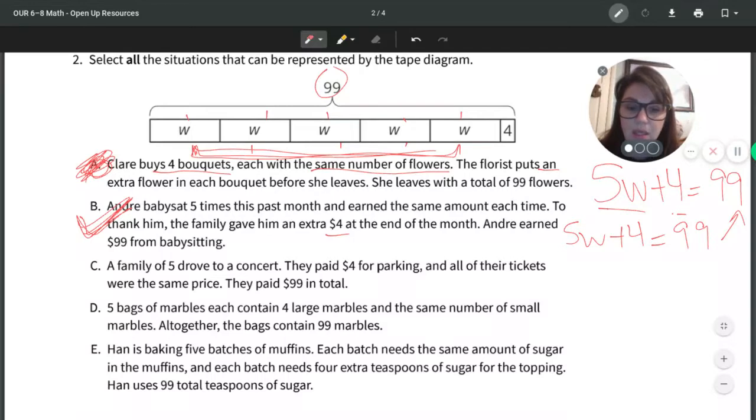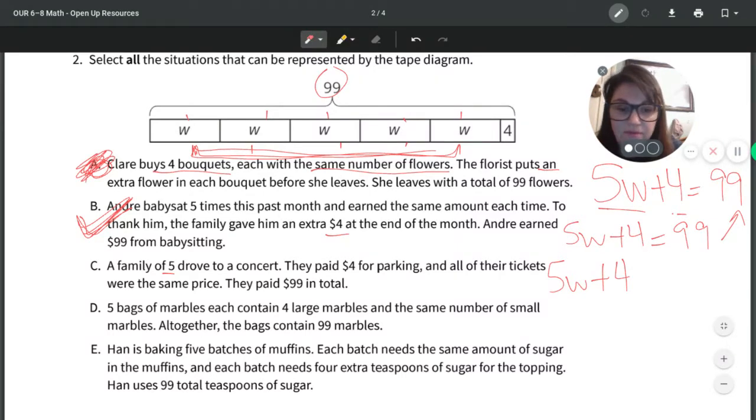Next, it says a family of 4 drove to a concert. They paid $4 for parking. So whatever it is that they paid, a constant of $4. That doesn't change. And all of their tickets were the same price. Well, there's 5 of them in the family, and they paid some amount. We don't know what the amount is for their tickets, but they all paid the same price.